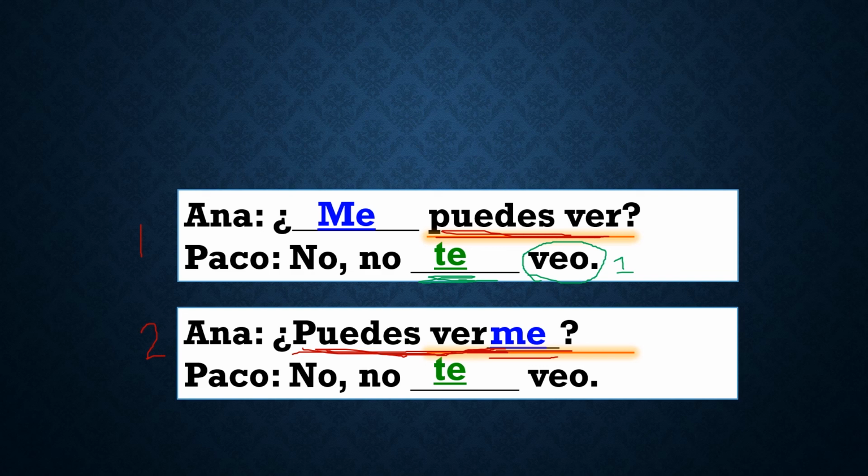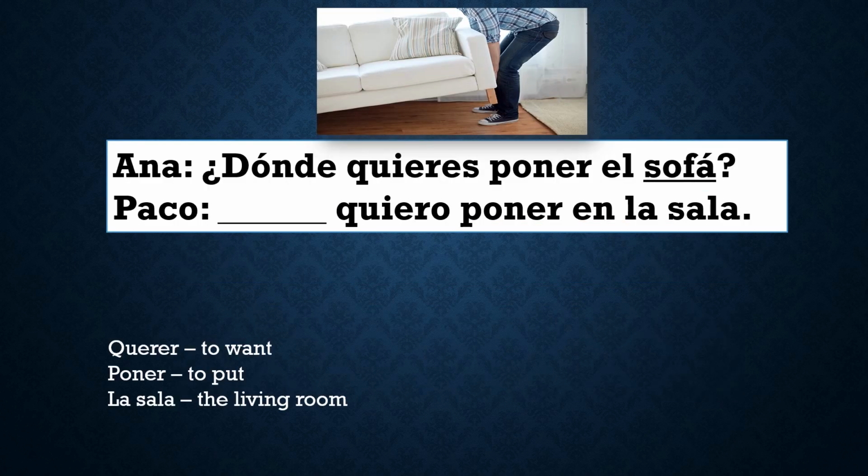So we only have this option of putting it before or after when we have two verbs working together as a verb phrase. ¿Me puedes ver? No, no te veo. O, ¿puedes verme?